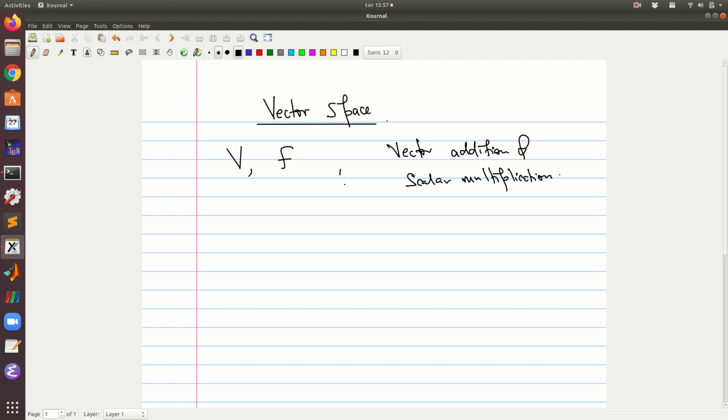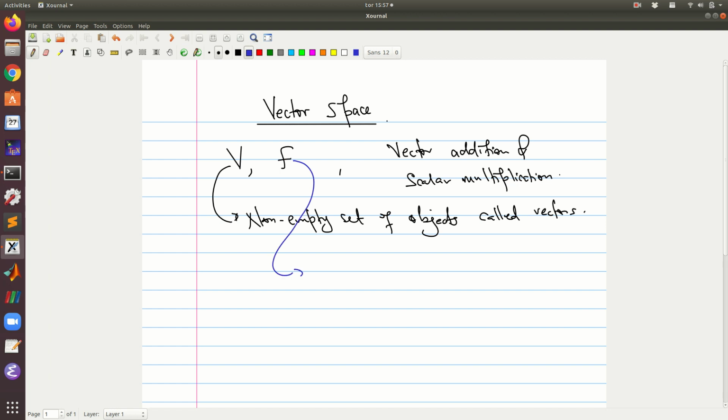Now V is a non-empty set of objects called vectors, while F is a scalar field.